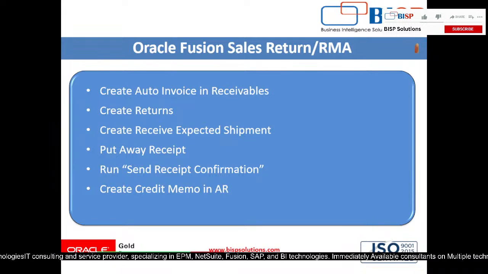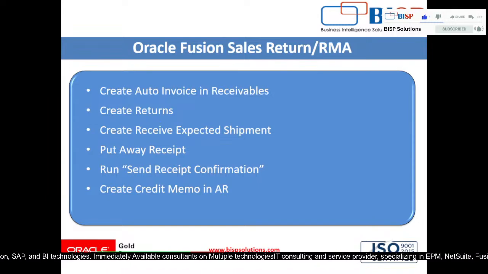After completing the receive expected shipment and the put away receipt, we have to send the receipt confirmation. Based on this, we run the ESS job, send receipt confirmation, and the system automatically creates the credit memo in our account receivable.